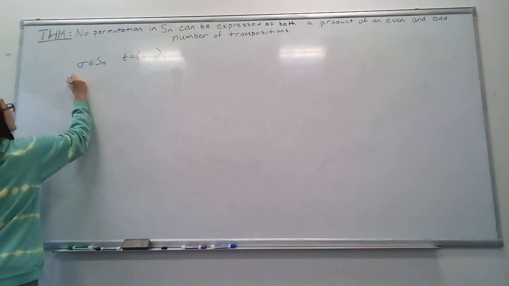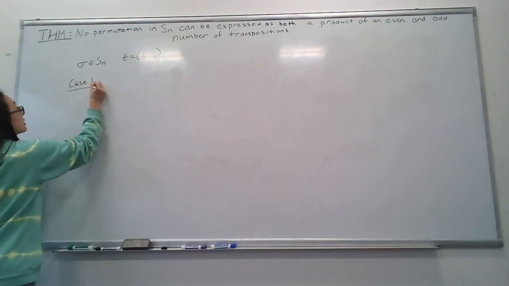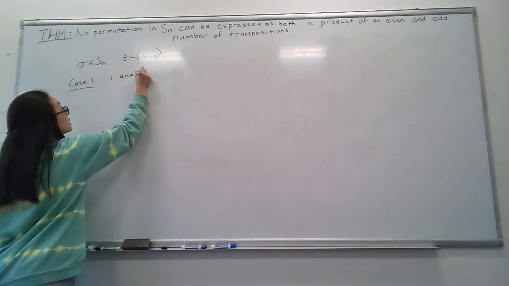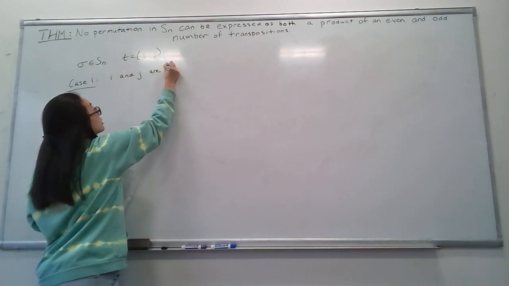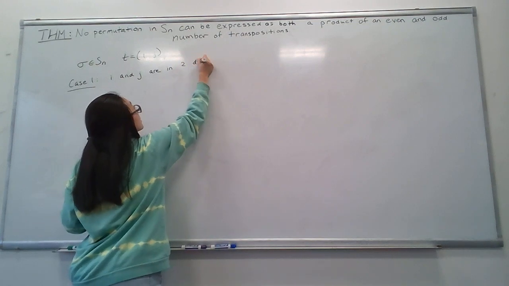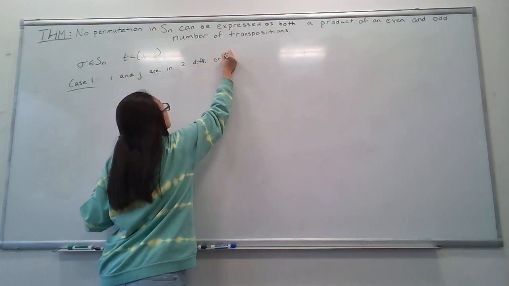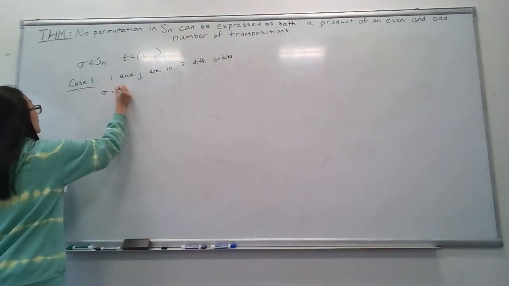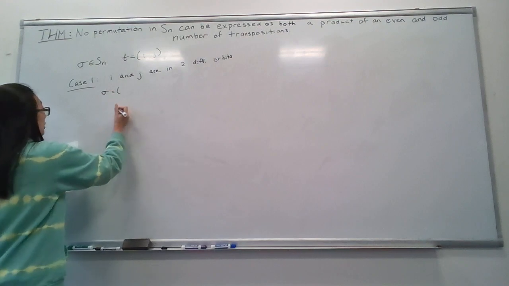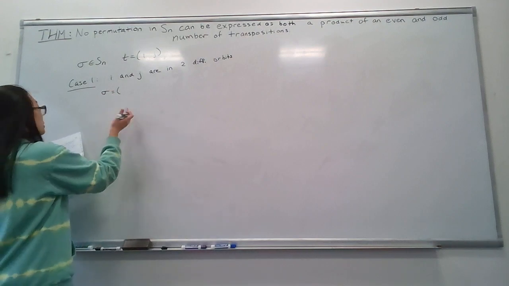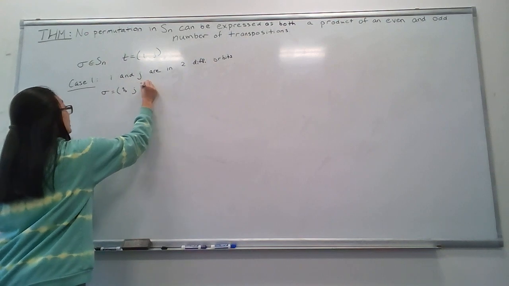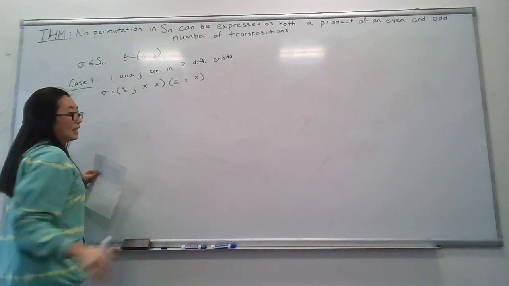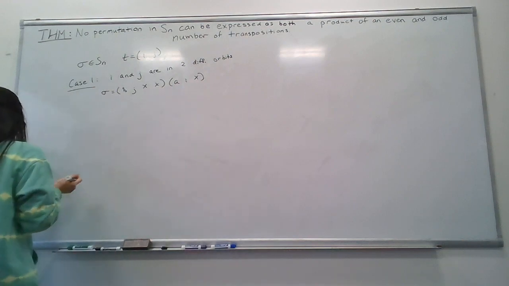We have 2 cases. Case 1, where i and j are in 2 different orbits. And let's let our permutation be the product of disjoint cycles, where the first 2 terms are (b j x) and (a i x), and the x's are just any other elements that are in the orbit.